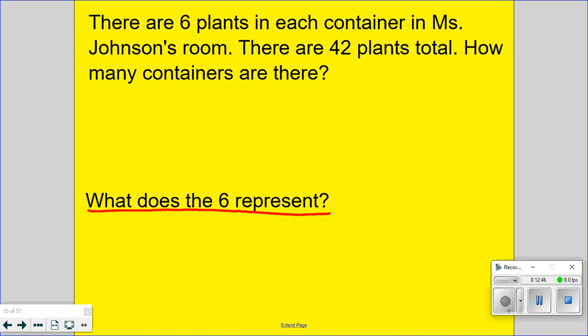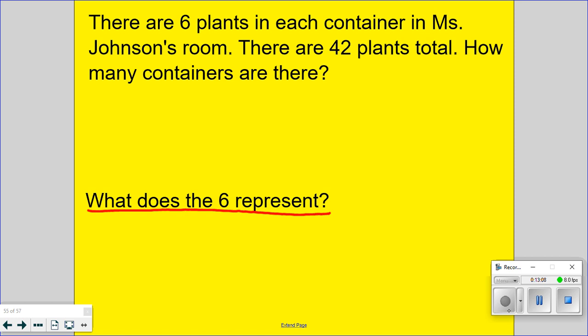It's not the groups. Look carefully at that problem. If it was groups, it would say 6 containers, because a container is a group. But it doesn't say 6 containers. 6 plants in each container. That's a little different.